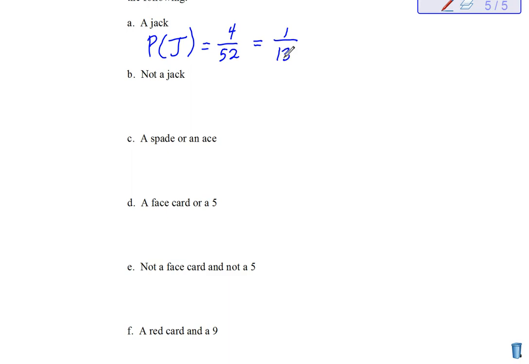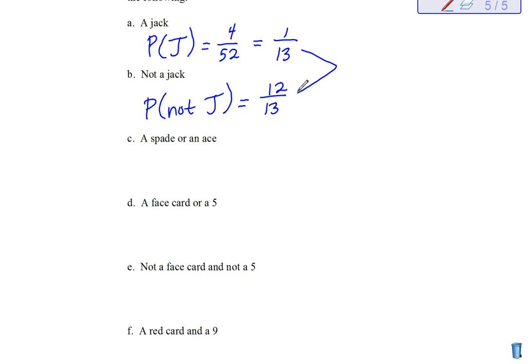The probability of not getting a jack, I see that that's the complement of that. I immediately can know that the probability of getting not a jack is going to be 12/13 because of that property. An event and its complement, the two probabilities have to add up to 1, and that should make sense.